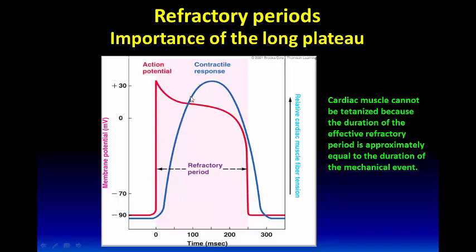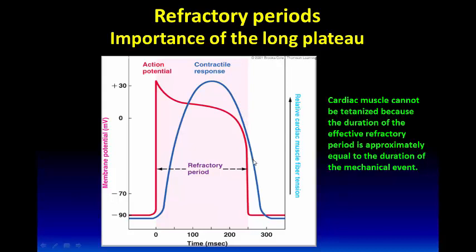And during the plateau phase, we have influx of calcium through the L-type voltage-gated calcium channels, the dihydropyridine receptors. And this calcium influx releases calcium from the sarcoplasmic reticulum, and then the intracellular calcium concentration increases, and this begins the contraction. Then we have relaxation.